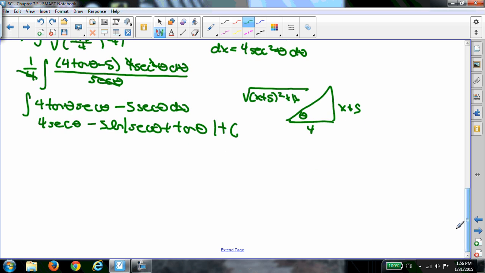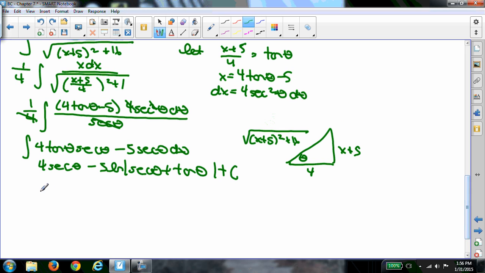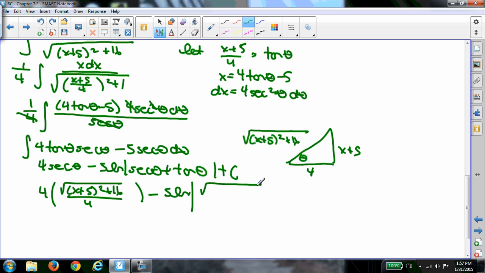So substituting everything in, I have 4 secant theta, which is the square root of x plus 5 squared plus 16 all over 4, minus 5 times the natural log of secant theta, square root of x plus 5 squared plus 16 all over 4, plus tangent theta, x plus 5 over 4, plus c.